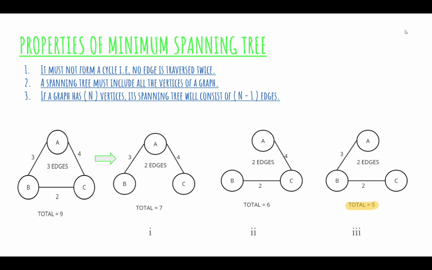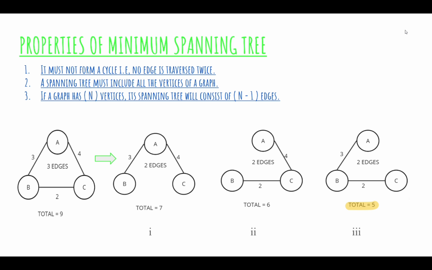Second, all the vertices of graph ABC are included. The second property is also satisfied. Finally, the third property: the initial graph has three edges, but each of the three possible MST graphs has two edges. The final property, if n vertices are there, then there will be n minus 1 edges, is also satisfied.